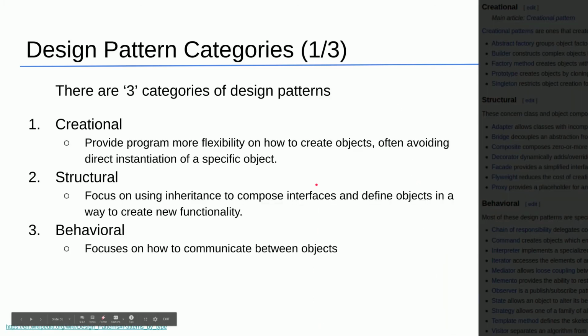As for this book, there's really three categories of design patterns: creational, structural, and behavioral. And that's one of the key contributions of the book, that it provides us a way to build programs and think about three categories of design patterns.